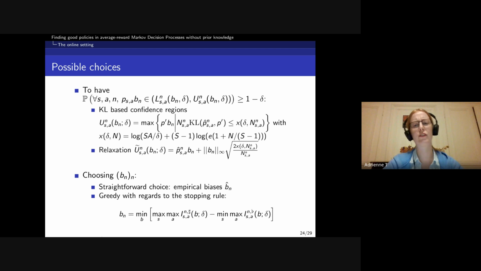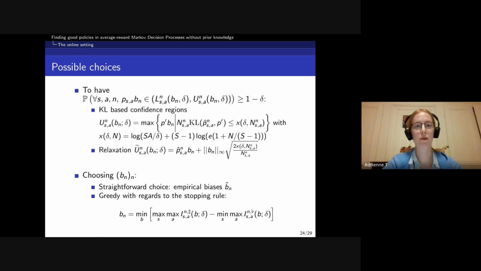And as for the sequence of bias vectors Bn, well, in value iteration, they're just empirical versions of the bias vector that you have so far. And so you could want to just try to use the empirical biases, so the bias of the empirical MDP you have so far. But you can do a bunch of other choices.